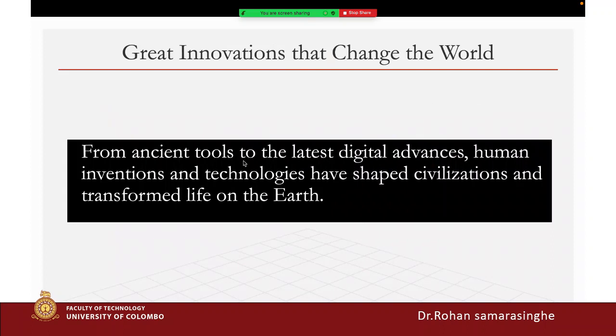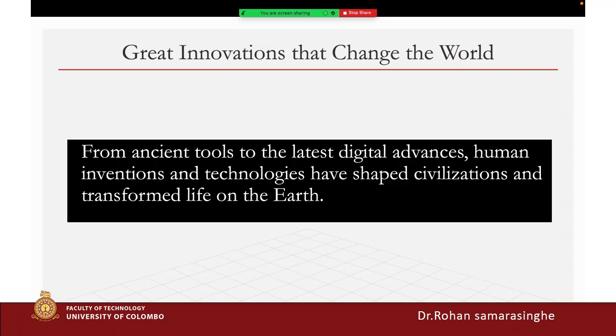From the ancient tools to the latest digital advances, human inventions and technologies have shaped civilizations and transformed life on earth. You know that when you consider 100 years before and the digital era, you can understand it very clearly.